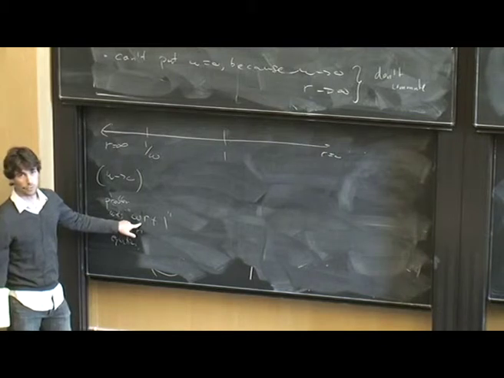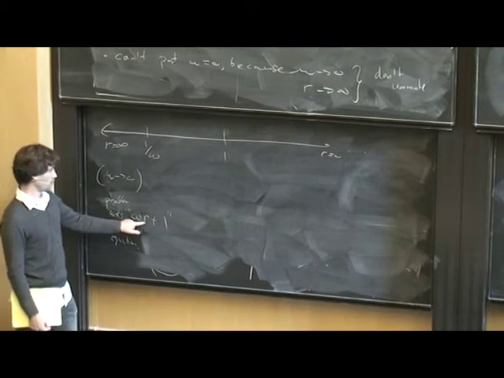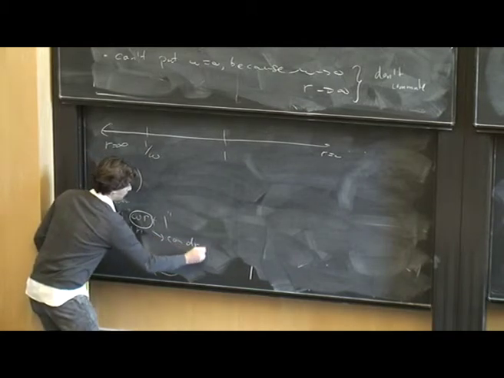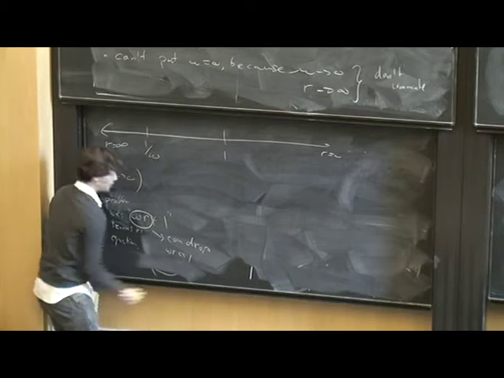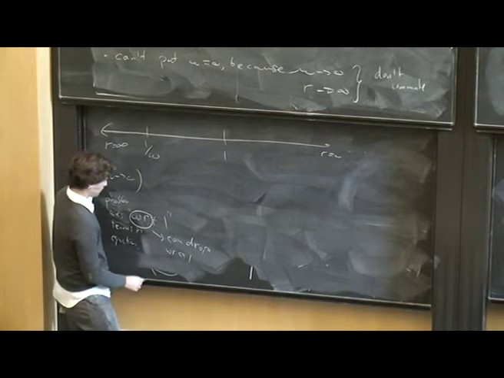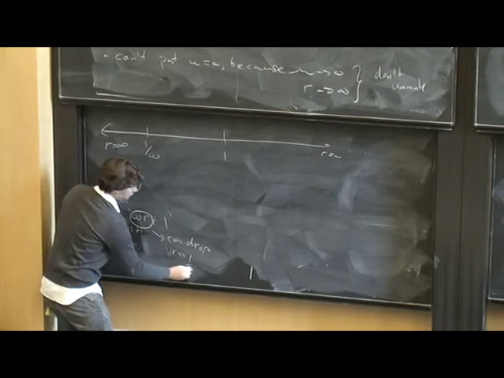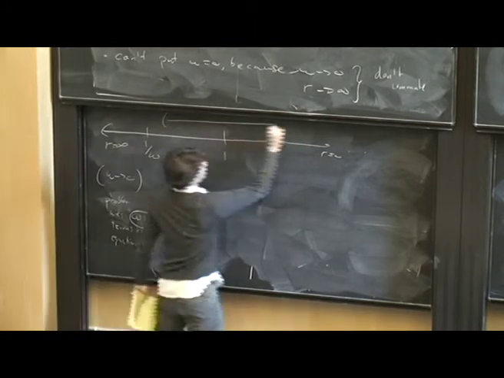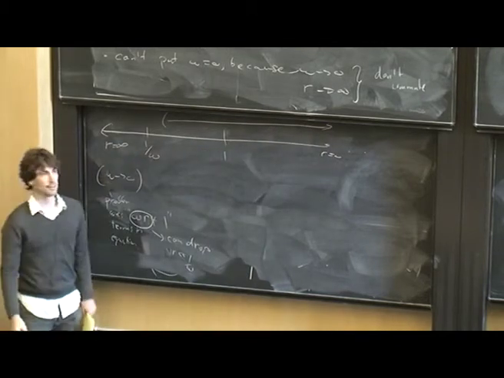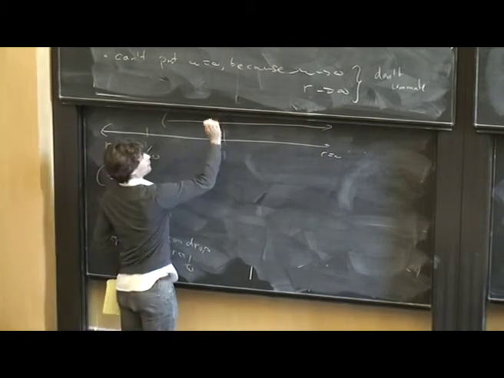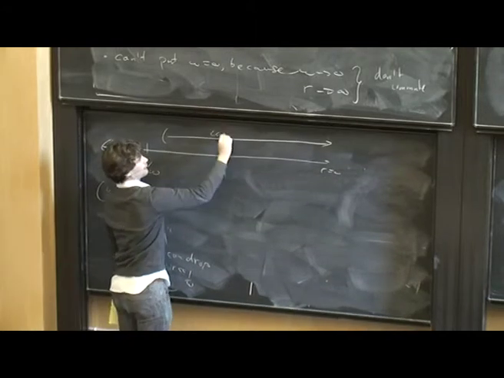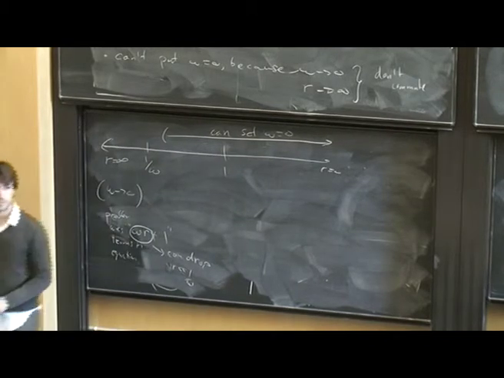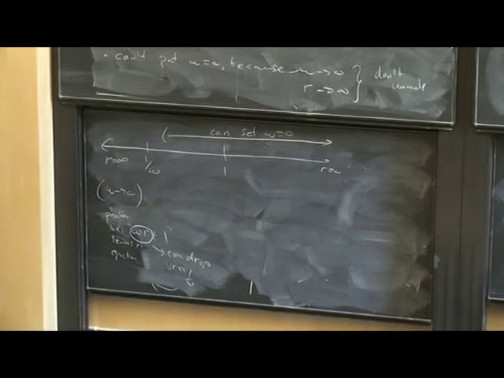The limits don't commute. However, you can drop this term when omega r is much, much less than 1, which means that r is much, much less than 1 over omega. So that's here. Over this whole region, you can set omega equals 0 safely in the equation, and you can solve the equation with omega equals 0.